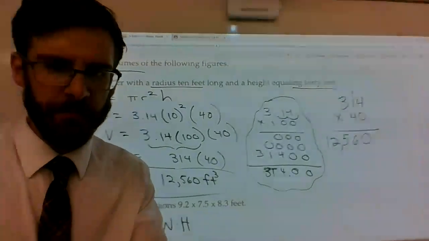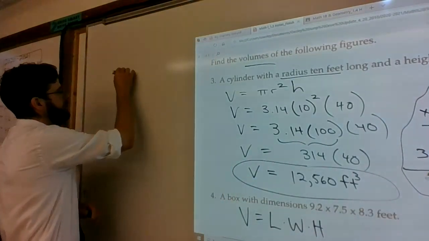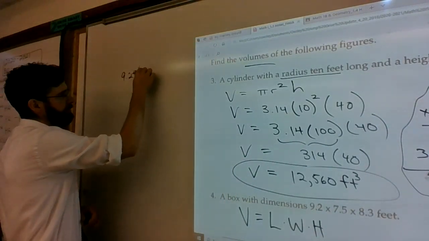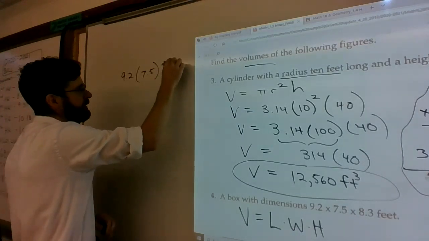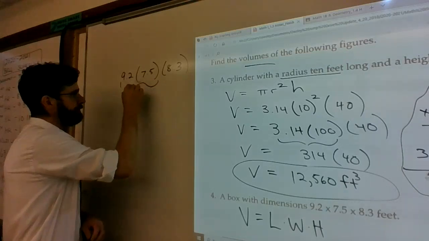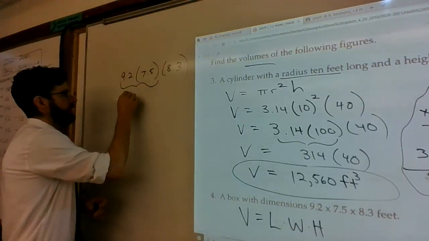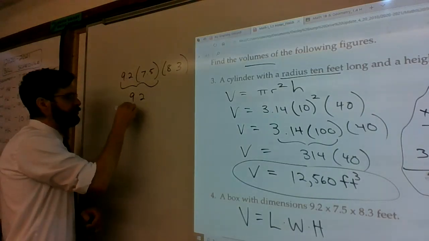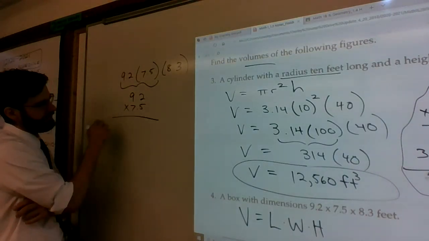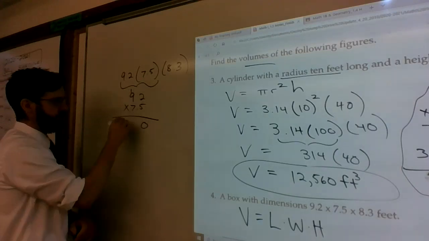So if I just wanted to come over here really quick and do that calculation off to the side, I've got 9.2 times 7.5 times 8.3. I'm just going to start with these first two. I know decimal multiplication, not the greatest combination, but we will endure it anyway. 5 times 2 is 10, carry a 1, 5 times 9 is 45, plus the 1, 46.